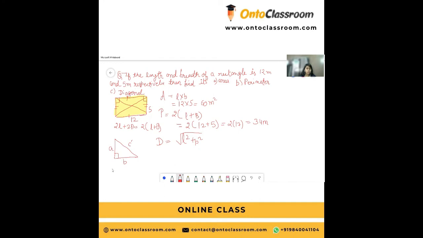So here I have written A square plus B square gives you C square. Now if we want only C, I don't need C square, I need only C, this length, this hypotenuse. So I will take the square root of A square plus B square, which is equal to C.